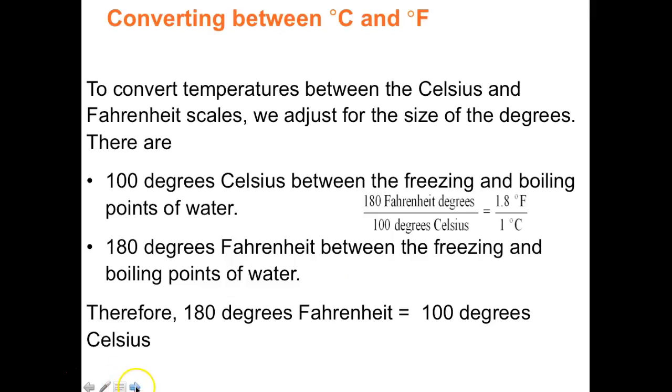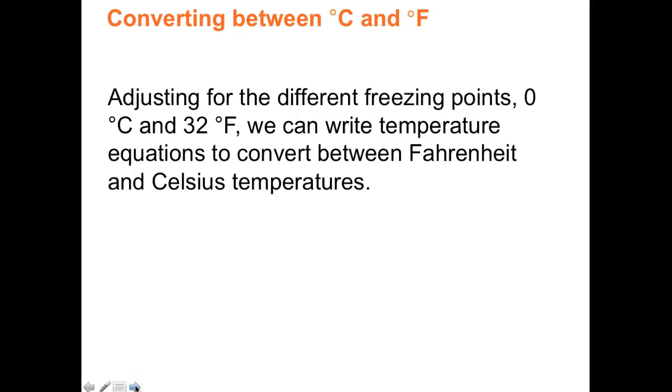Now there is also an offset that you need to take into account, because the Fahrenheit scale starts at 32, not at 0. So when converting degrees Celsius to Fahrenheit, you must add the 32. If you're converting Fahrenheit to Celsius, you must first start by subtracting the 32.